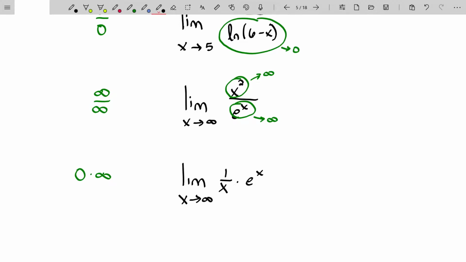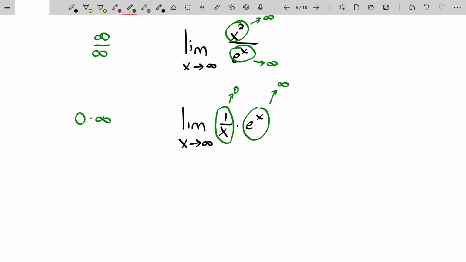But as I've written it here as a product, it is actually something approaching 0 times something approaching infinity. So it is indeterminate right now of form 0 times infinity. Yes, I could easily multiply those two things together to get e to the x over x to where it's now infinity over infinity. So that's just a little note, a preview of what we're going to be doing in the future.